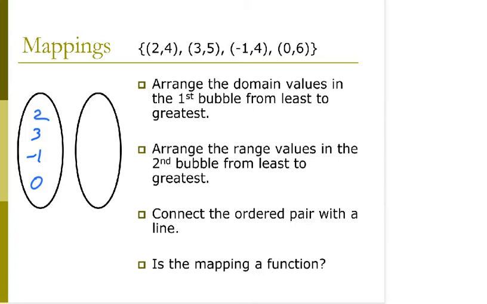So if we're going with what's the least, then -1 would be the least here. So -1 is the least. Then 0 would be the next smallest. And 2 would be the next smallest. And 3 would be what we have left.